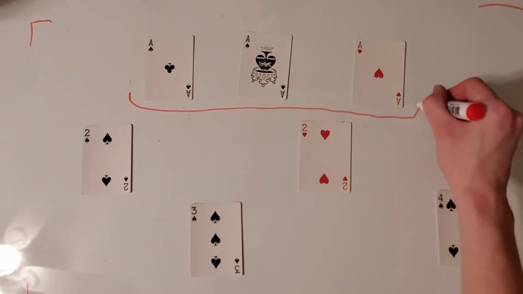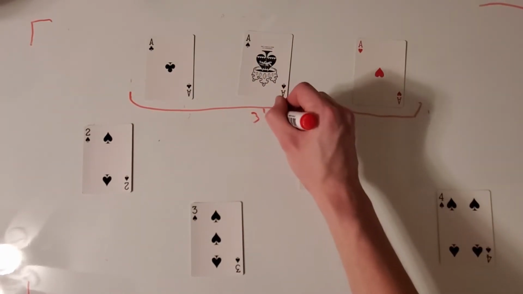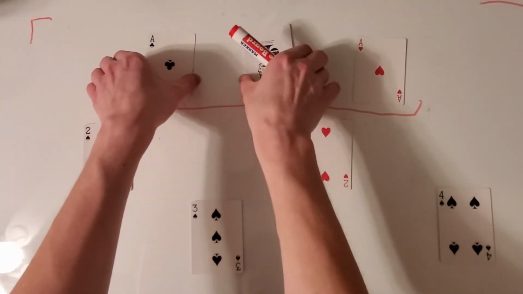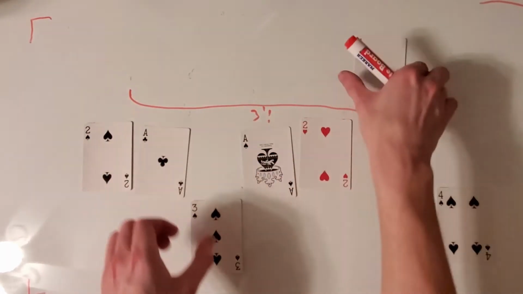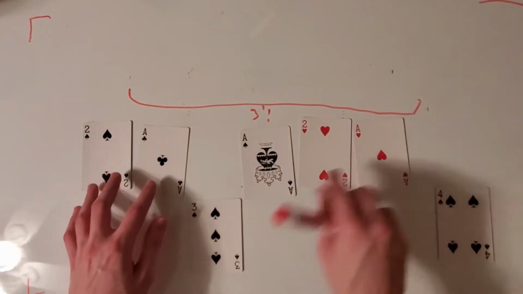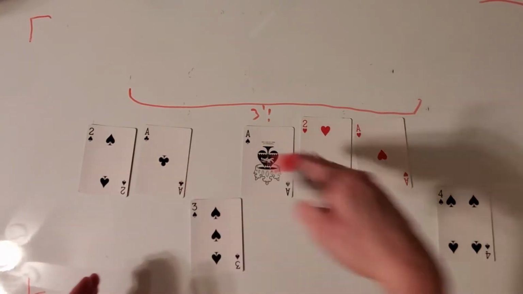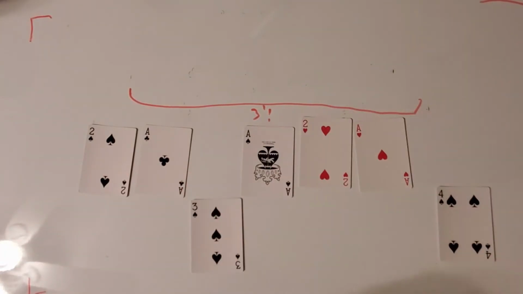Now we know that there are 3 factorial different ways to arrange just these aces. So if we were to list out all the different ways to arrange these 5 cards that are in these particular slots, only one of the 3 factorial counts.